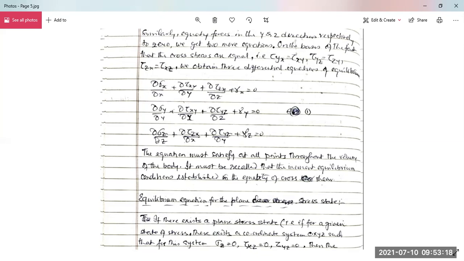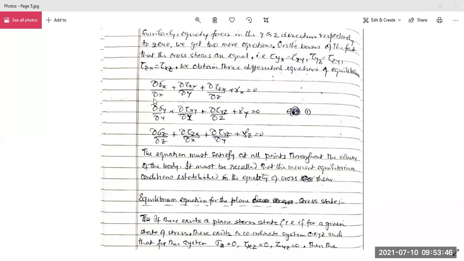And del sigma z by del z, plus del tau zx by del x, plus del tau yz by del y, plus gamma z is equal to 0. These three equations must be satisfied at all points throughout the volume of the body. It must be recalled that the moment equilibrium condition is established in the equality of cross shears itself.